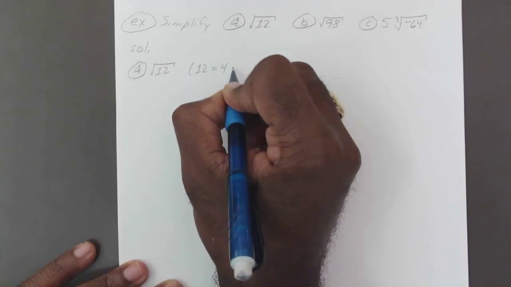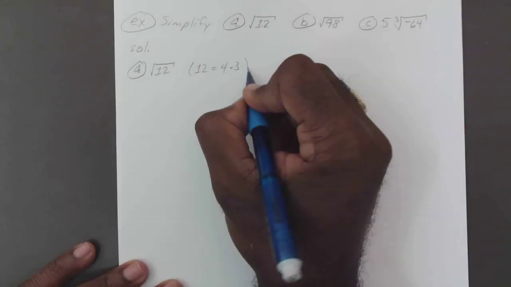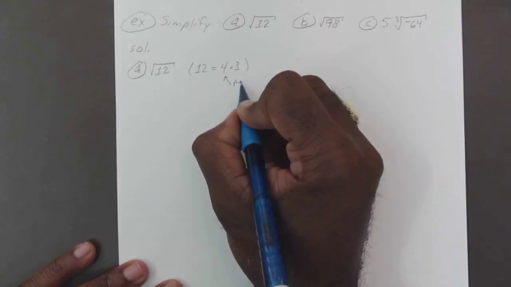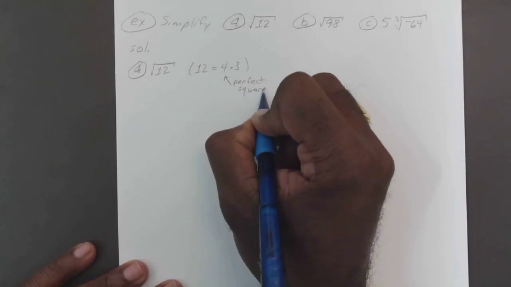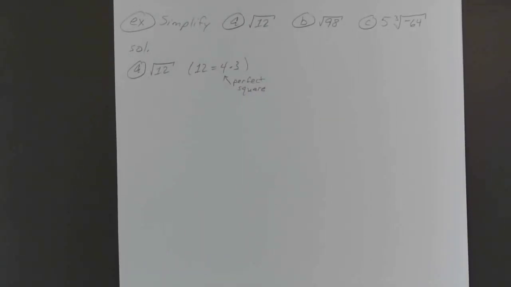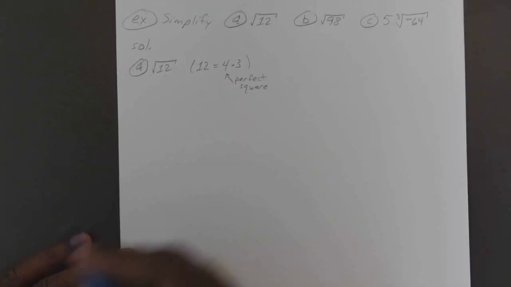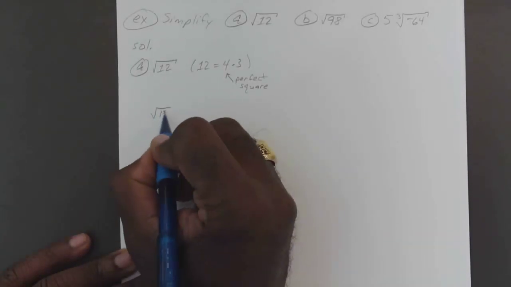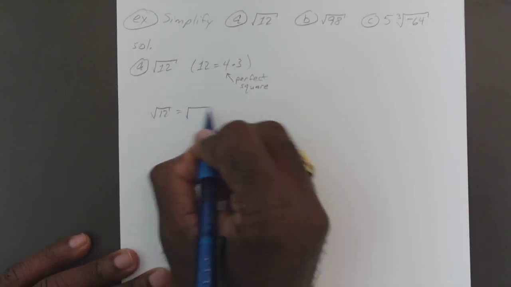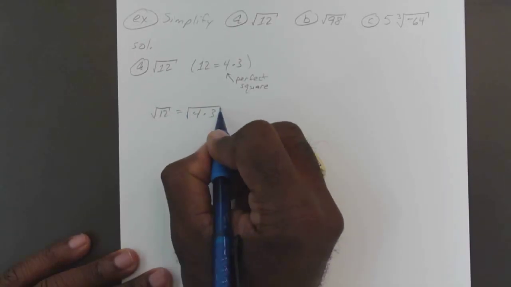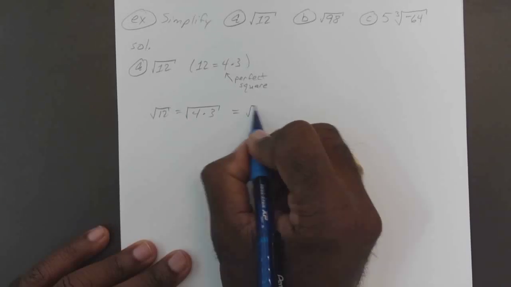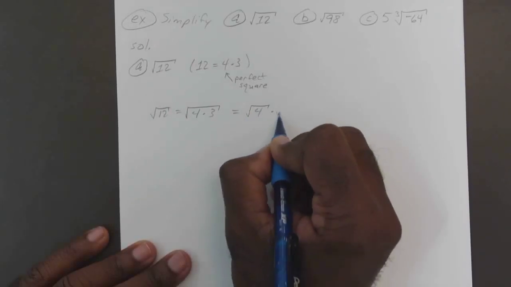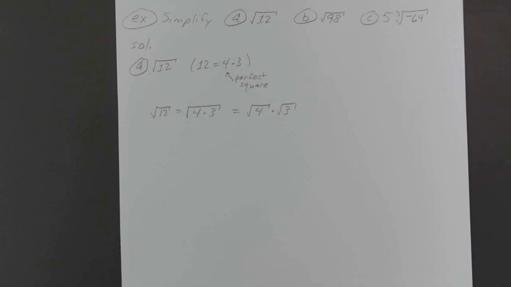So 12 equals 4 times 3, and you want to find that perfect square. Because remember, 2 times 2 will give you that 4. Okay, so that means you have square root of 12 equal to square root of 4 times 3. Okay, so when you separate it, you have square root of 4 times square root of 3.